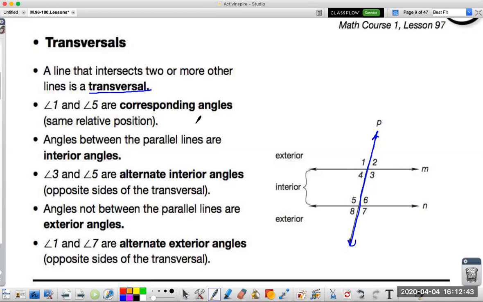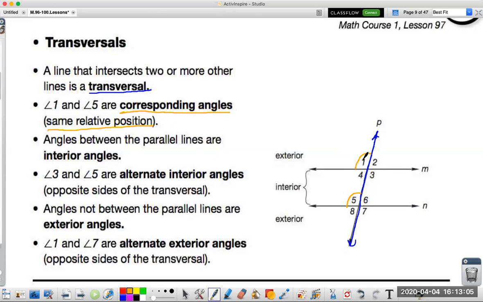Angle 1, that's this angle right here, and angle 5 are considered corresponding angles. They have the same relative position.